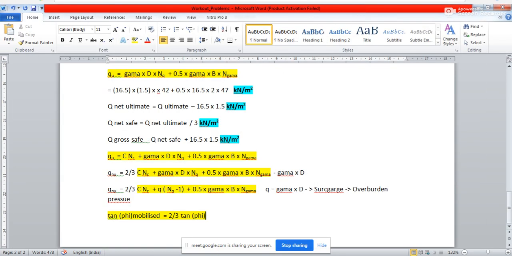Thus, when you consider this concept, Nc will come with a dash value.